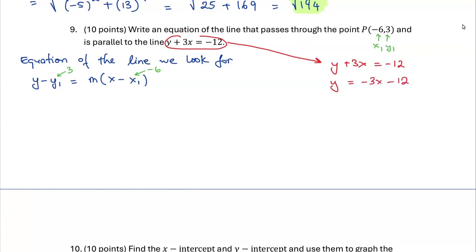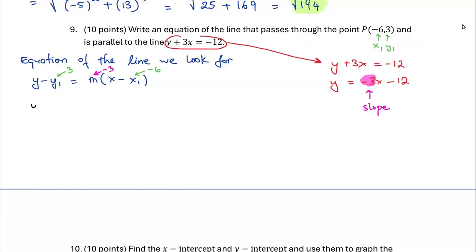So the slope for this line would be -3. Okay, that is the slope. I told you already, the two lines are parallel, so they have the same slope, right? So that -3 will also be the slope of this line here. So we have -3 on here as well. Okay, we have all the information.